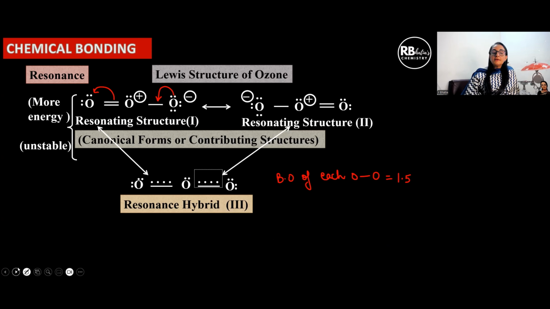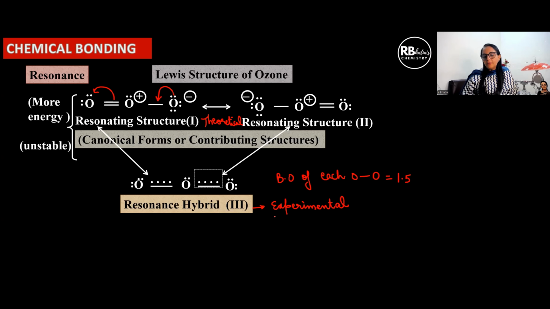So now let us check the stability of the various resonating structures. The resonance hybrid, that is the overall outcome, is considered to be the most stable form. This is just the experimental structure, the real structure, right? And the resonating structures are the theoretical structures.